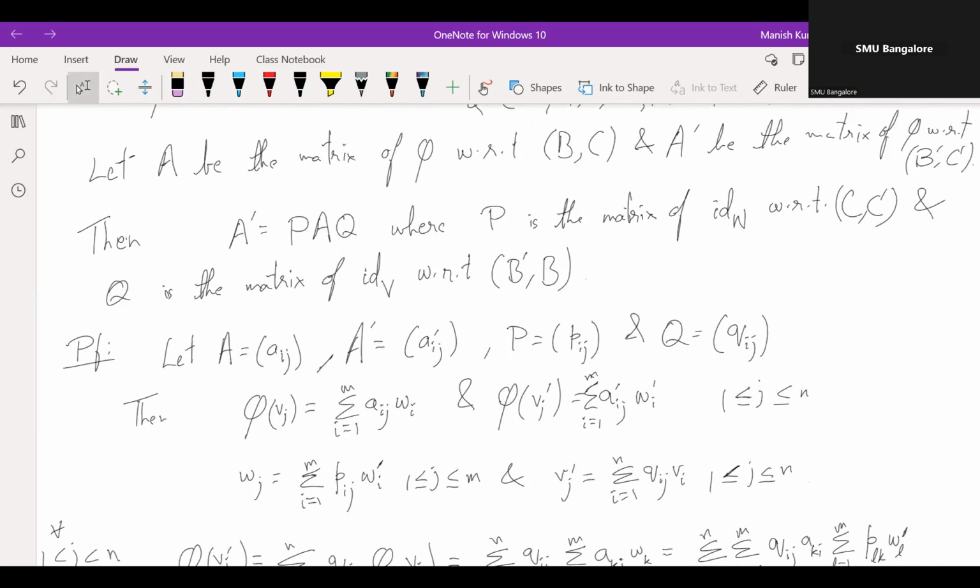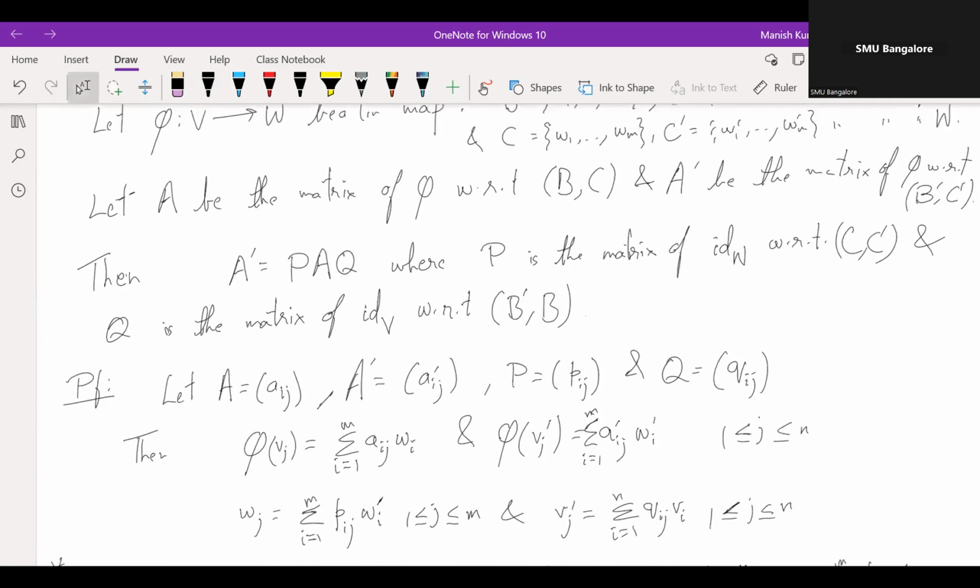Let A be the matrix with entries Aij, and A prime the matrix with entries Aij prime. For P, let the entries be Pij, and for Q, little qij. Since A is the matrix of phi with respect to B, C, the definition tells us that phi Vj equals the summation of Aij Wi.